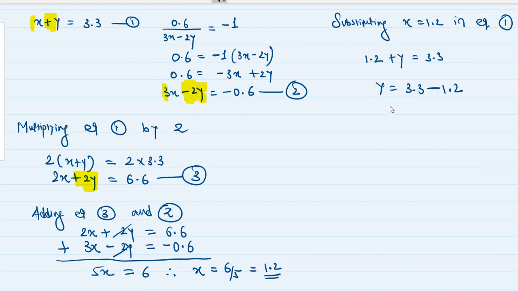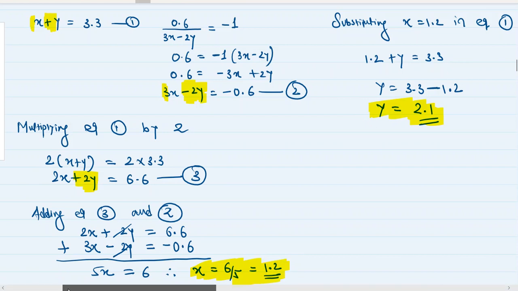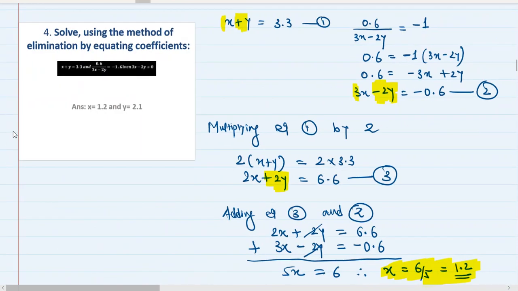That's why I selected that. So y is equal to 2.1. Right? So this is the value of y, this is the value of x: 1.2 and 2.1. Very easily we got the answer. Let's go ahead.